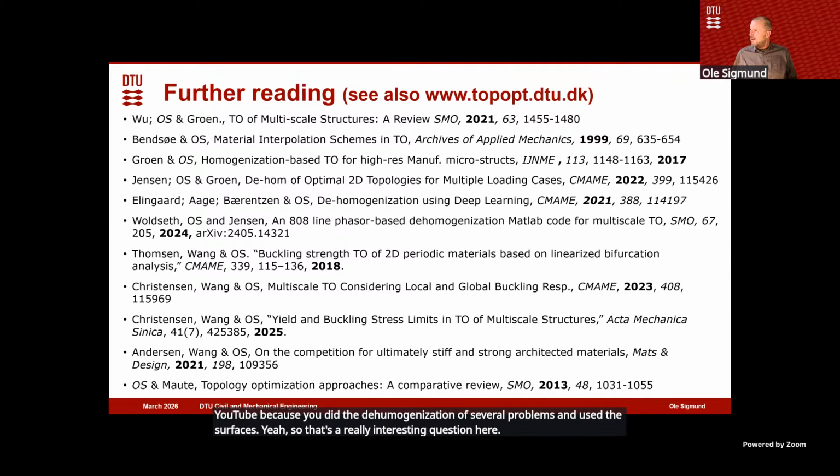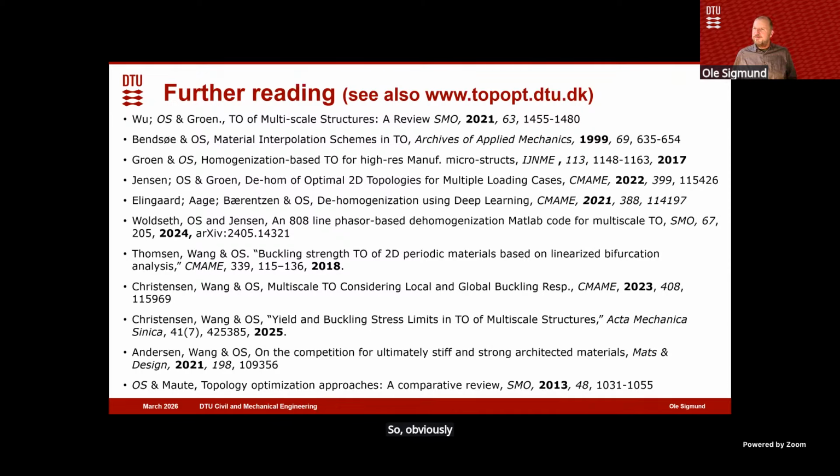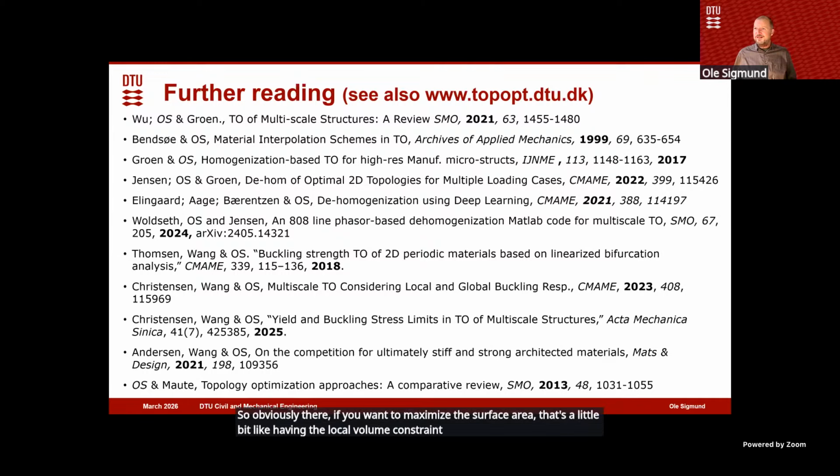Obviously, if you want to maximize the surface area, that's a little bit like having the local volume constraint, because there you also indirectly maximize the local surface area. So in that sense it should be more robust. If you don't have the microstructure, then you don't have surface, and therefore it will be a bad structure. So I think I'm answering yes. For that case, it should be much more robust.